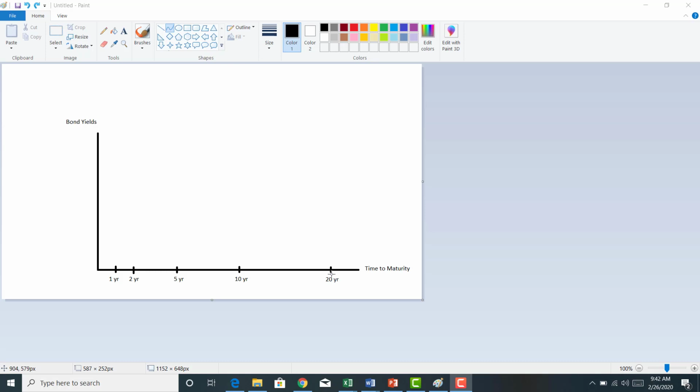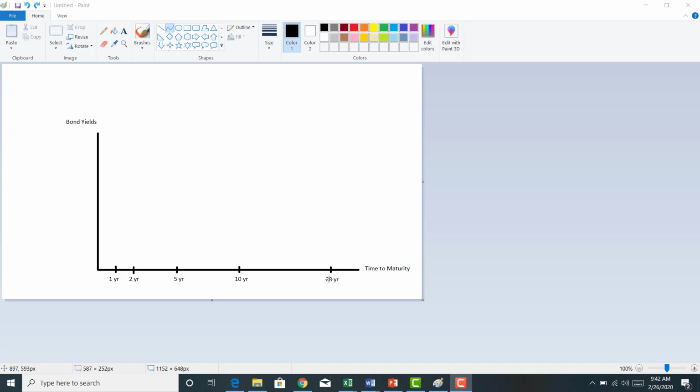In our discussion in class, we talked about whether there's more default risk in 20-year bonds or in 2-year or 1-year bonds. Do bonds with shorter times to maturity face more risk or less risk than bonds with longer time to maturity? Again, the risk we're talking about is default risk.